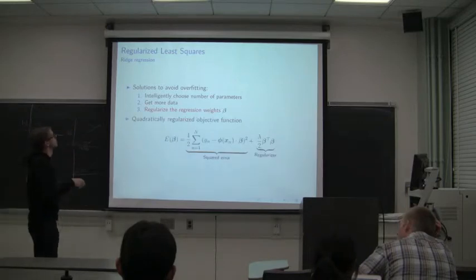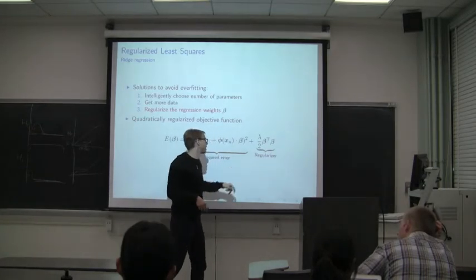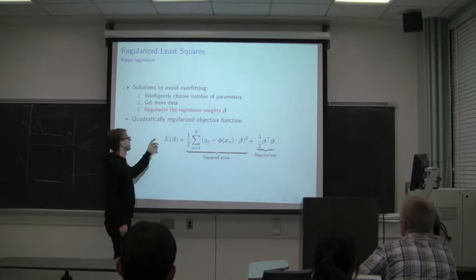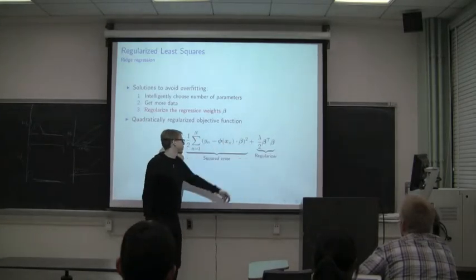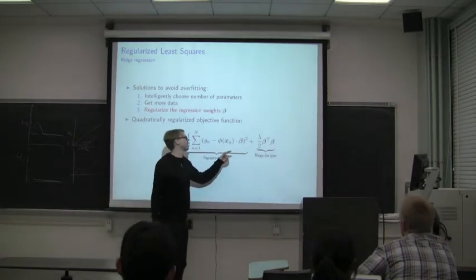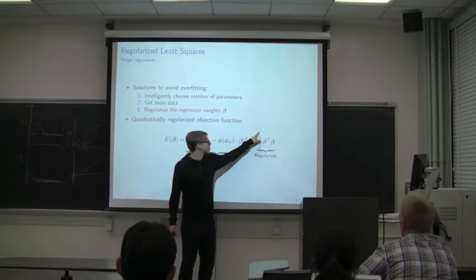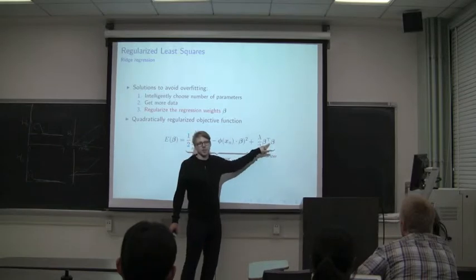Ridge regression basically corresponds to using a quadratic regularization, where instead of using just the squared error, the sum of squares on the training data, we now add an additional term which depends on this parameter lambda, and which measures the sum of squares of the regression coefficients.